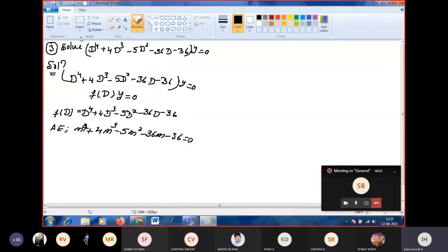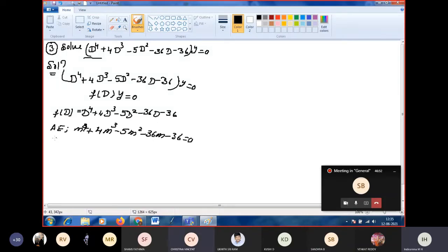What is the order of the differential equation we have? 4. So the auxiliary equation is of order 4. How many roots do we have to get? 4. Since it is difficult to factorize directly, by the trial and error method we can find the first root. Correct?